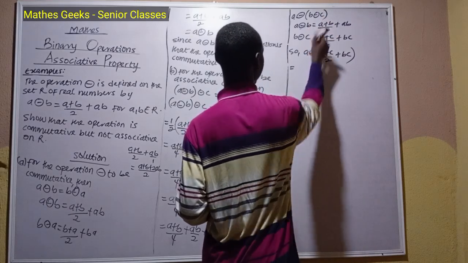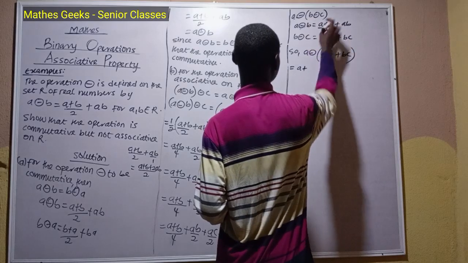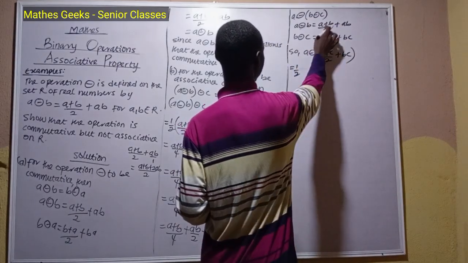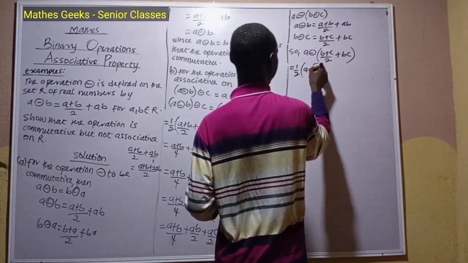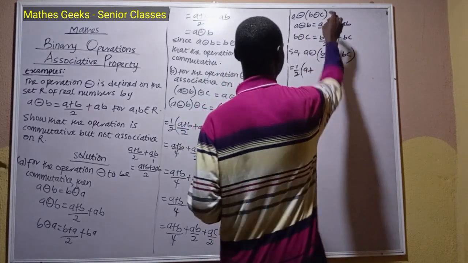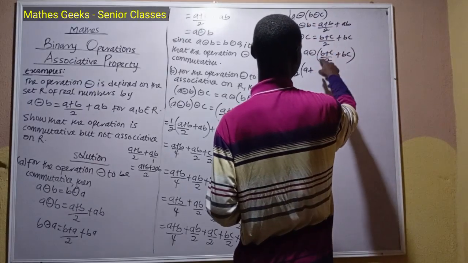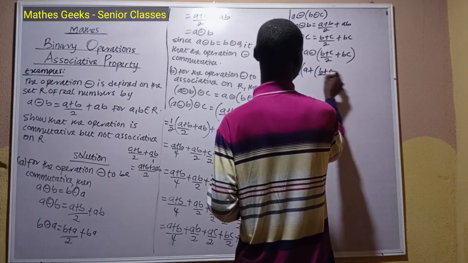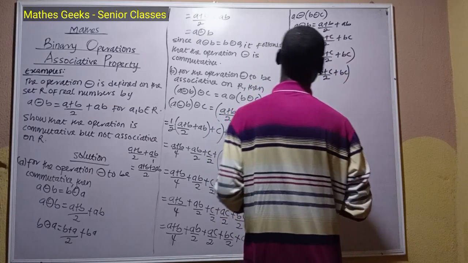So A here is A plus B here is equal to, so for that reason I'm going to bring my 2 out, 1 over 2. So A plus B here is equivalent to B operation C. And what is B operation C? It is B plus C over 2 plus BC. So that's what it is.